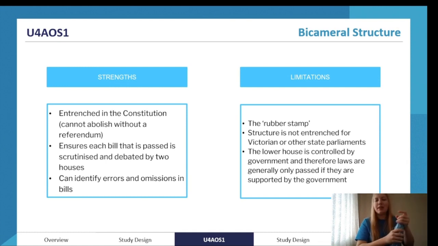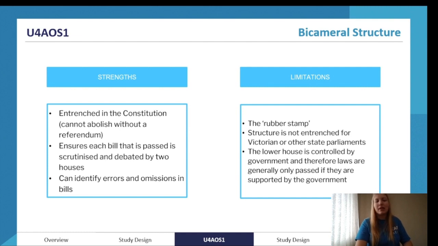So having a look at the bicameral structure, what are some strengths and some weaknesses? Of course, a strength is that it is entrenched in the Constitution, so this protection cannot be abolished or removed without a successful referendum.